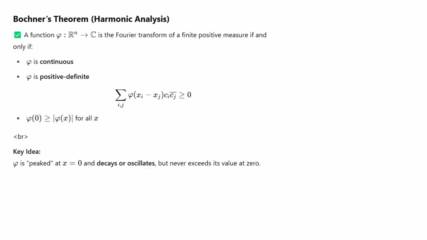And so its Fourier transform has to be, it turns out, positive definite, and positive definite has this definition, but one of the implications of the transfer function being positive definite means that the transfer function at zero frequency must exceed the transfer function at all other frequencies. So the peak of the transfer function always has to be at zero frequency, but we can improve it at other frequencies relative to what we get with the standard impulse response.